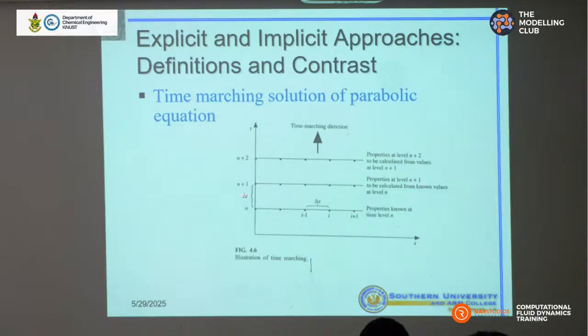And then once I know the properties at this level, I'm going to use them in finding the values at the time step n plus 2. That is the time marching direction. Okay, the explicit approach.